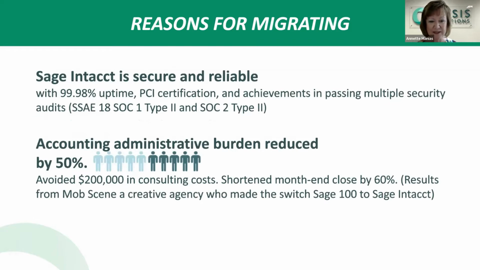So Sage Intacct, this is one of the things that I wanted to point out to you all: years ago, people said, oh, I'm not going to do the cloud. It's not secure. I don't have control over my security. But I'll tell you, and you all have probably seen it, hopefully you've not experienced it, we've seen more people get ransomware and hacked in the past 4 years, let's say. And most of the time it's because the security on their own server is not very good.